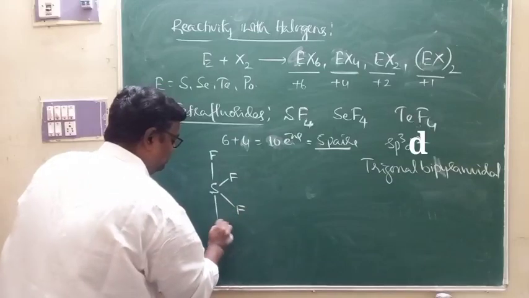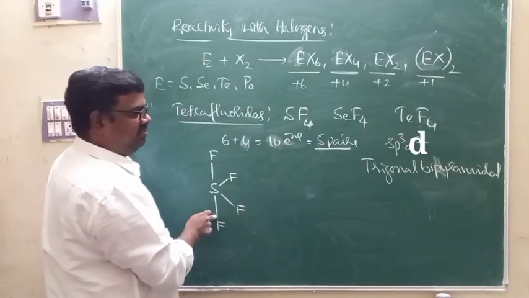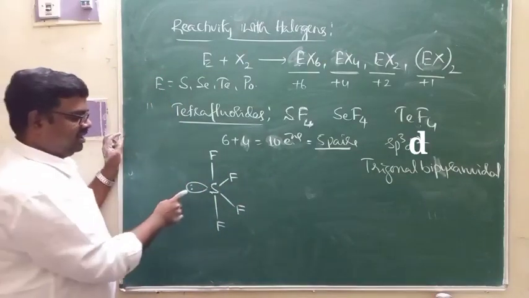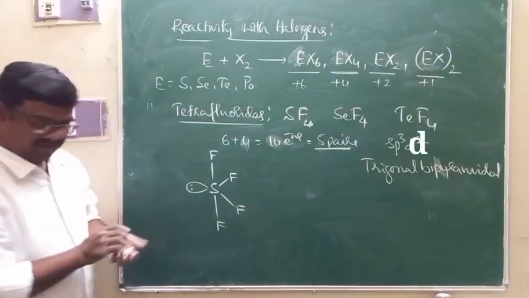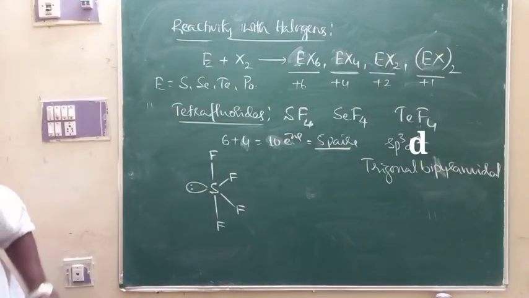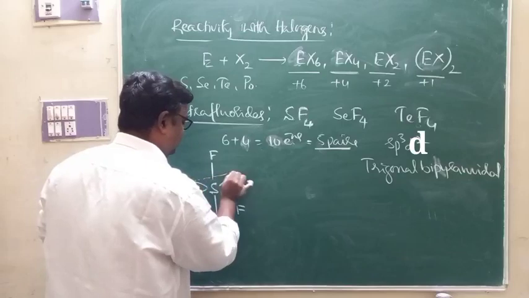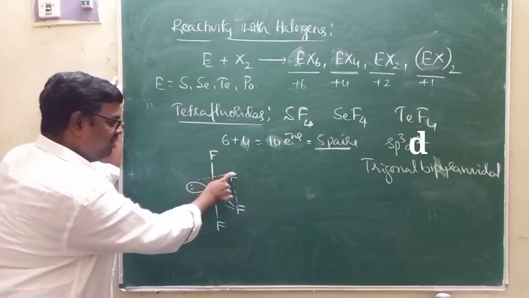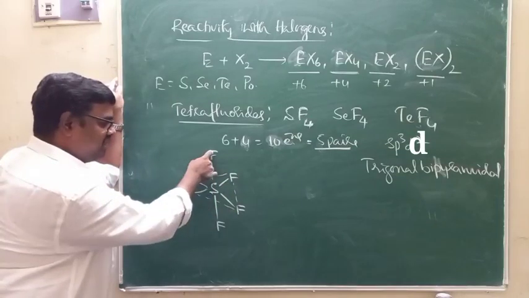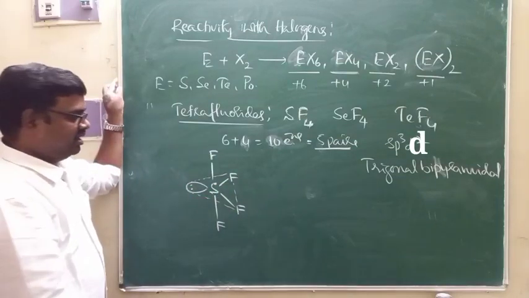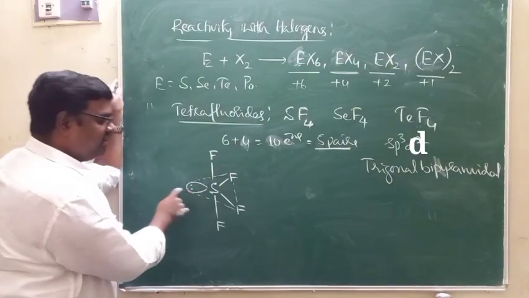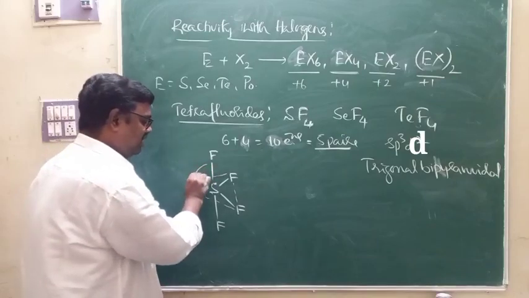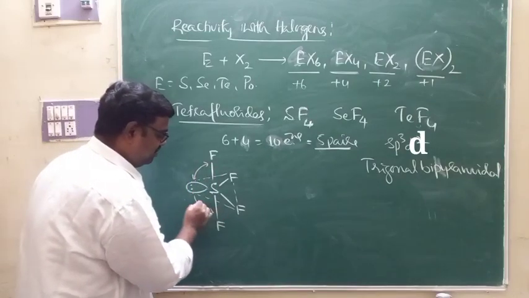So of the 5 pairs, 4 must be bond pairs. One pair remains, and that lone pair is at the equatorial position. Then you get the trigonal bipyramidal geometry. The lone pair and 2 fluorine atoms are in one plane; one is above the plane, another is below the plane. If the lone pair is in the equatorial position, there are only 2 lone pair-bond pair repulsions.